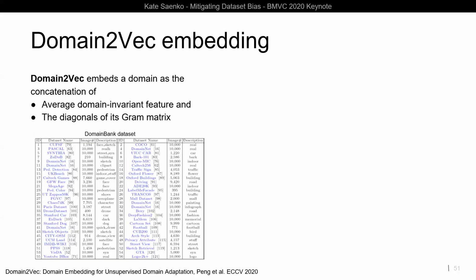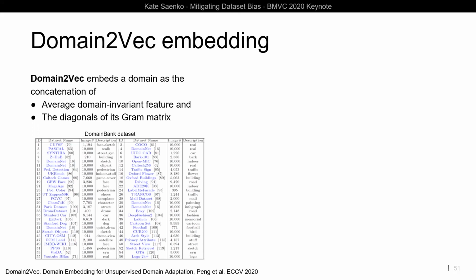Now, to test this approach, we actually had to come up with a new data set that had lots of different domains in it, because most existing multi-domain data sets have maybe 6 or something like a dozen domains maximum. And so we wanted something with more domains to test this domain to vec embedding, because each point will be a different domain. So we collected a new data set that we call domain bank.